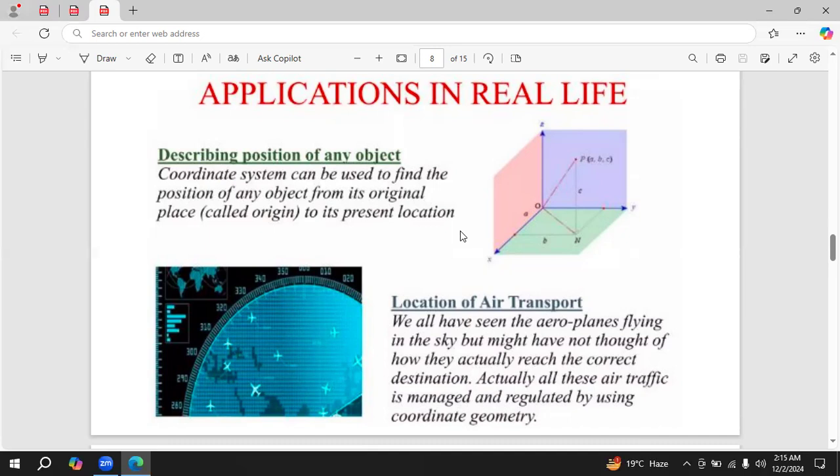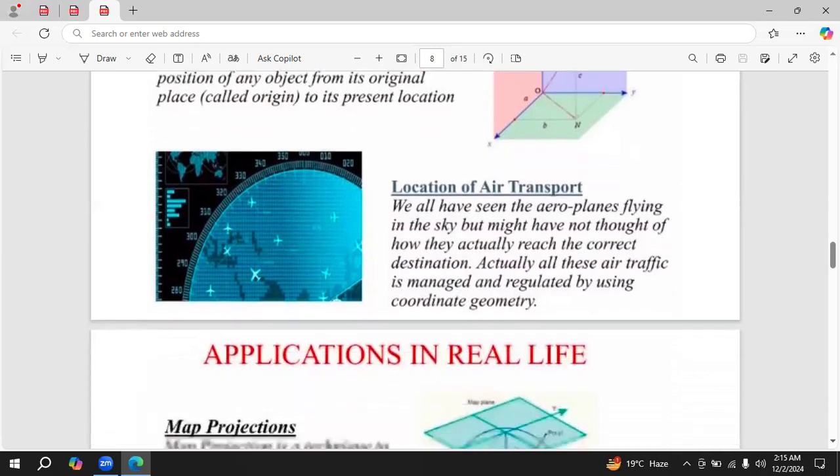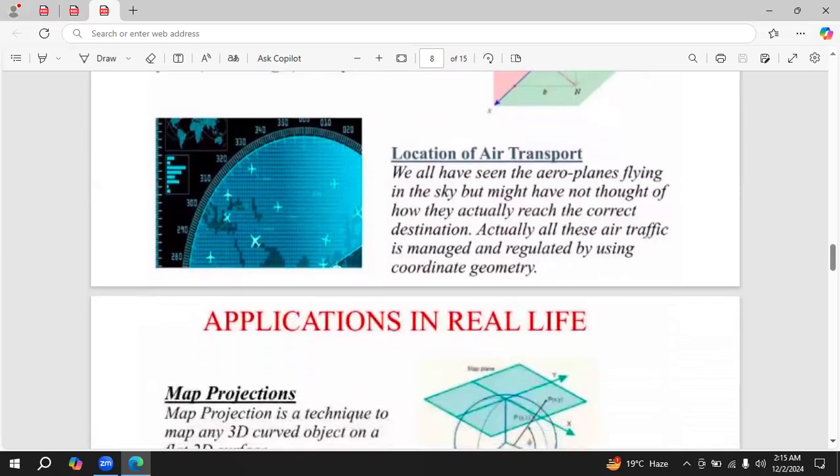Like, for instance, in today's world, you do have multiple examples. On the world map, there is the location of the air transport system. The whole air transportation is basically standing on this coordinate system.